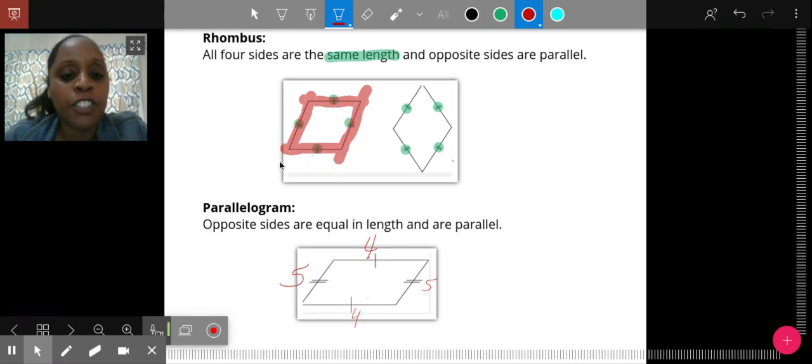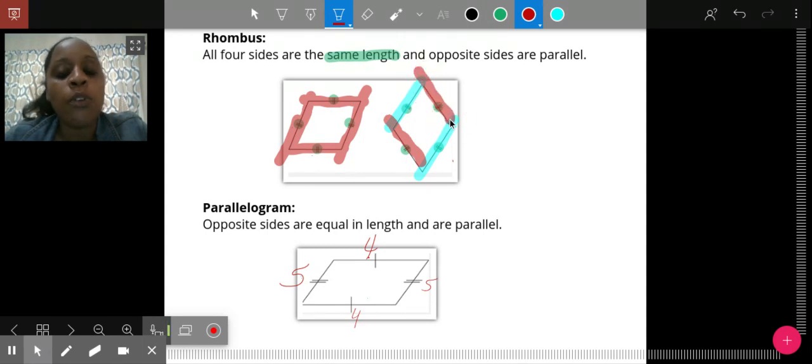So pretty much opposite sides are parallel, as you can see. And I'll show you with this one. You'll see that this side is parallel to this side. And I'll use a different color. And this side is parallel to this side.